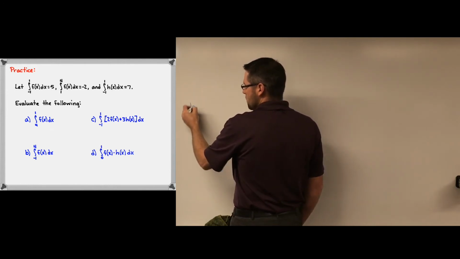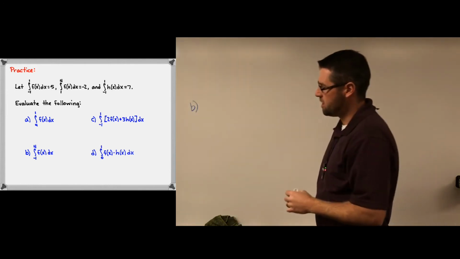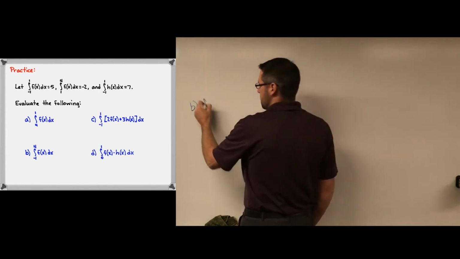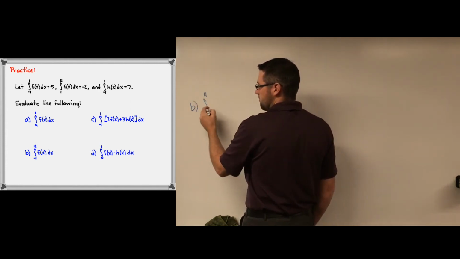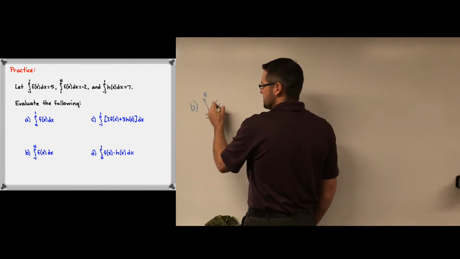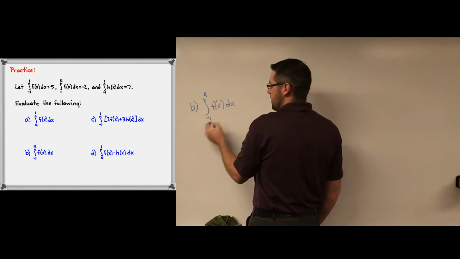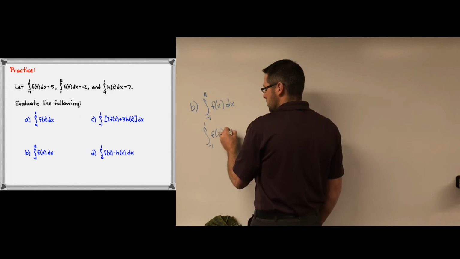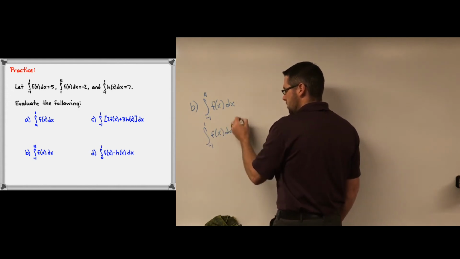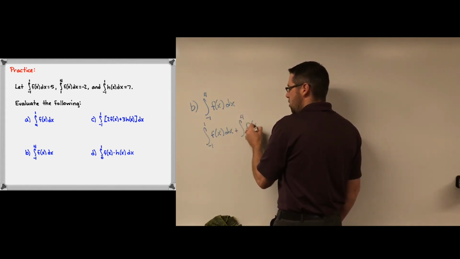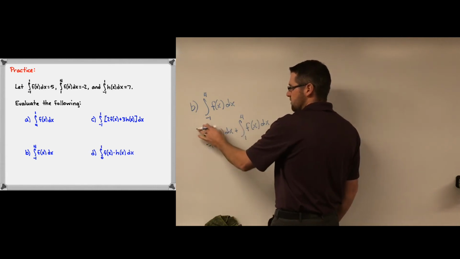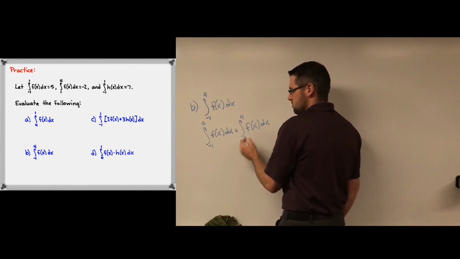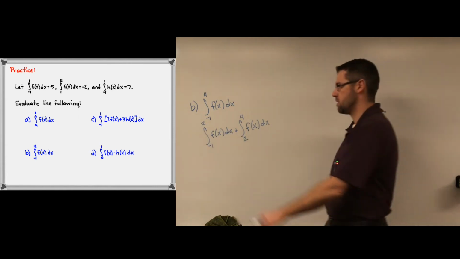B, what did you guys get for B? 3. But what's the work associated with that, the intermediate steps? The integral from negative 1 to 4 of f of x dx can be rewritten as the integral from negative 1 to 1 of f of x dx plus the integral from 1 to 4 of f of x dx. Why did you separate it like that? Because I could have done this. Right.